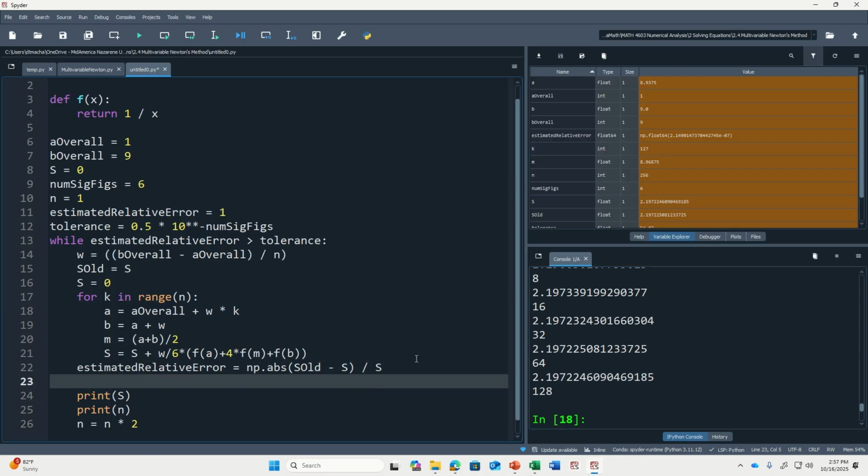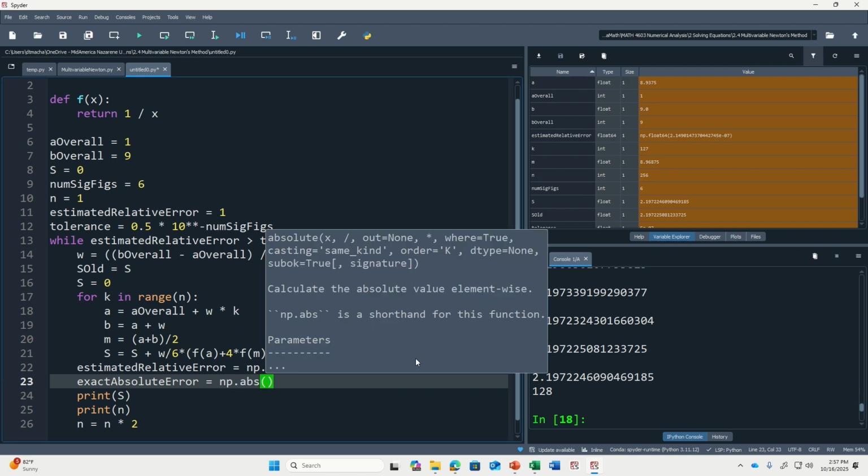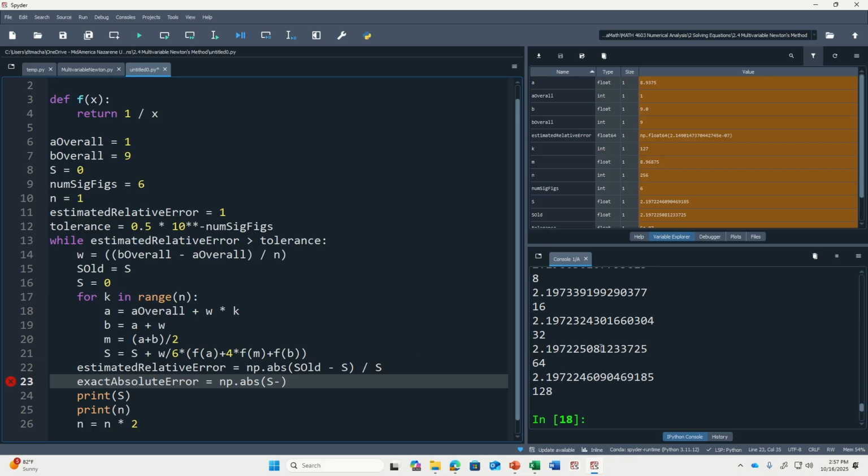I'm going to try something else. I'm going to try exact relative error. No, heck, I'm going to do exact absolute error. And that's just going to be the absolute value of s minus what it's supposed to be, which is the logarithm of 9.